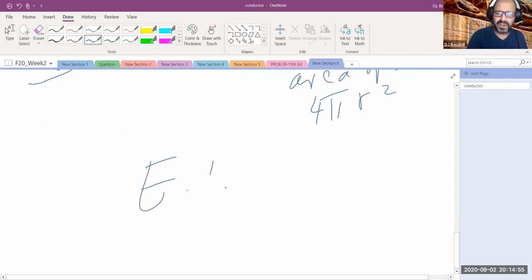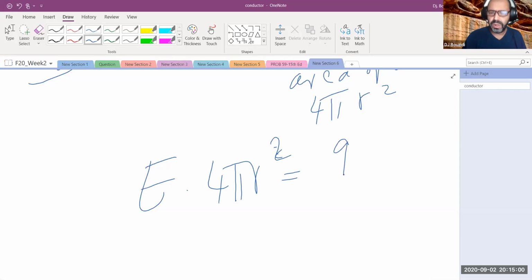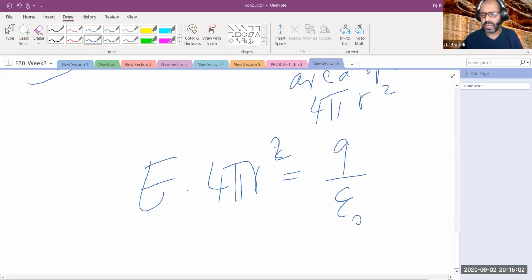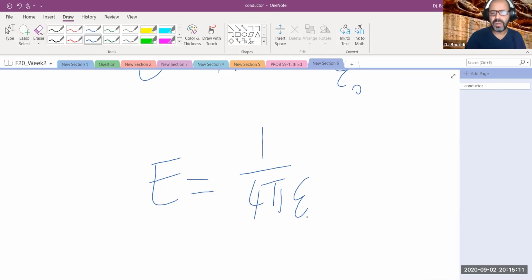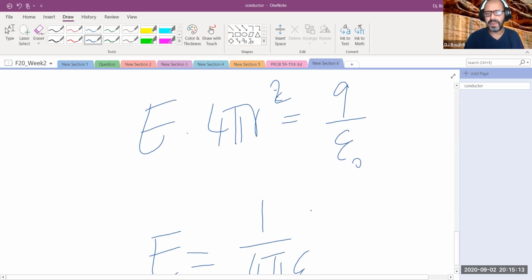E times the area of the sphere, which is 4 pi r squared, is equal to Q divided by epsilon naught. And from here, we have found the electric field outside of the conducting sphere. So it's 1 over 4 pi epsilon naught times q divided by r squared. All I did was divide by 4 pi times epsilon naught.